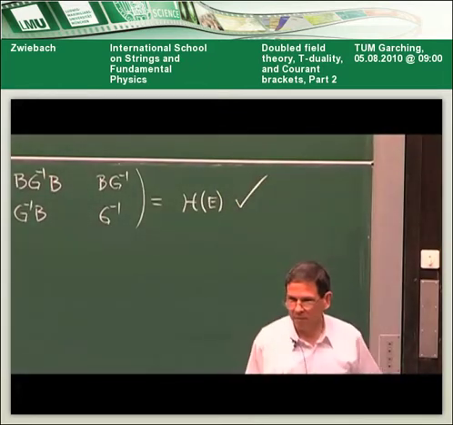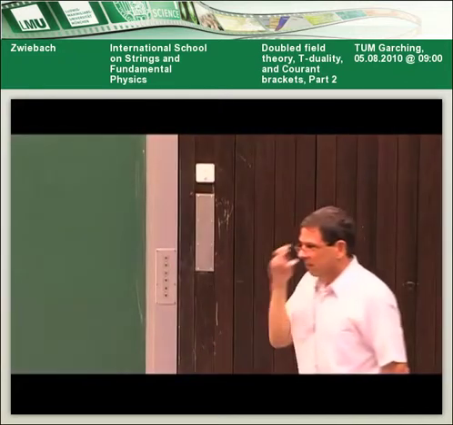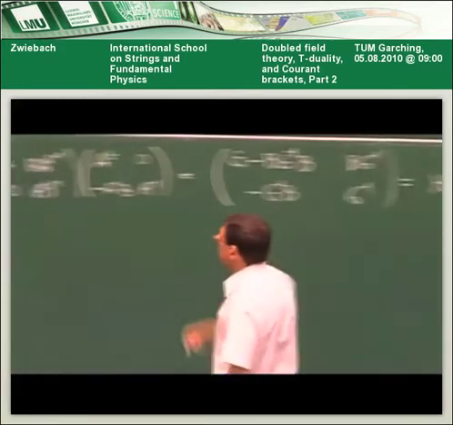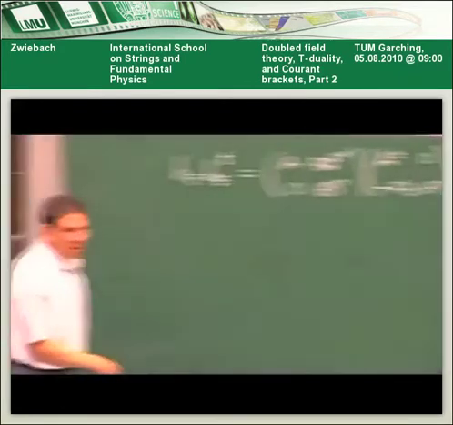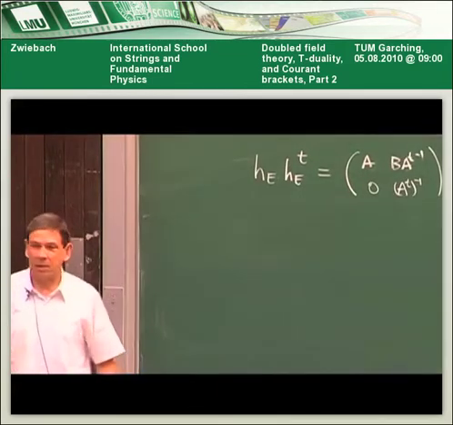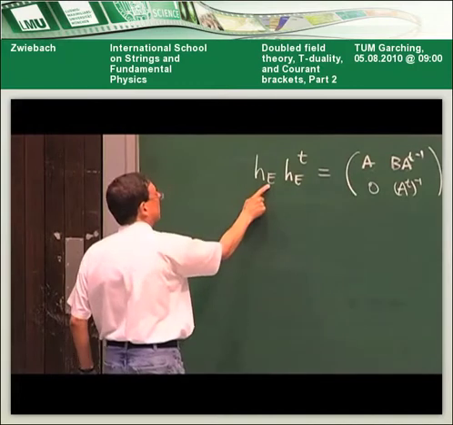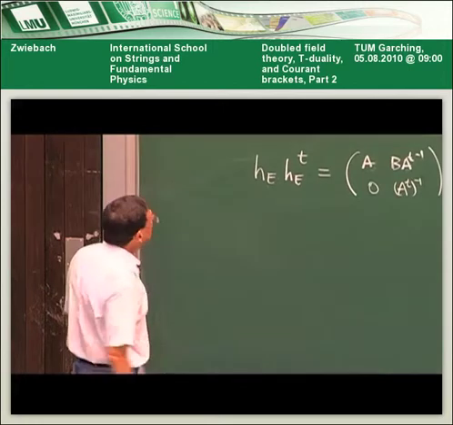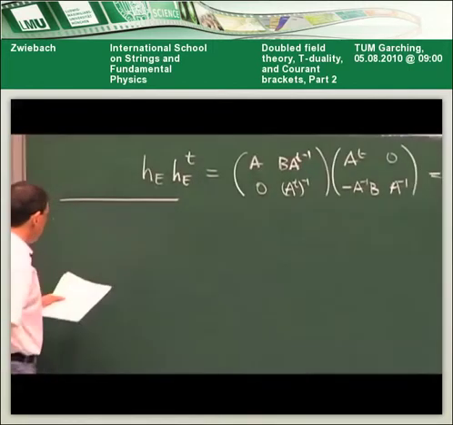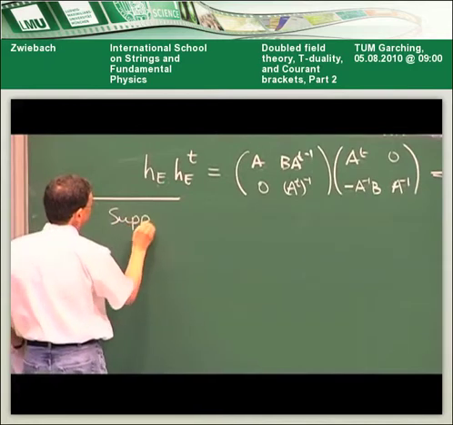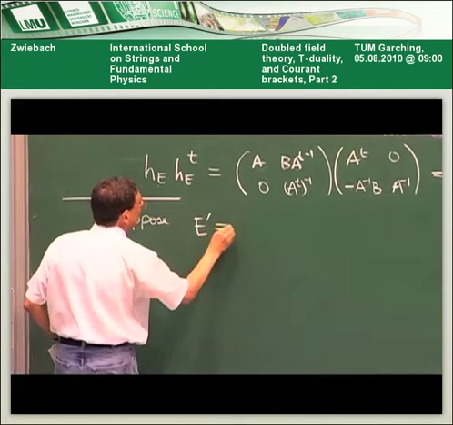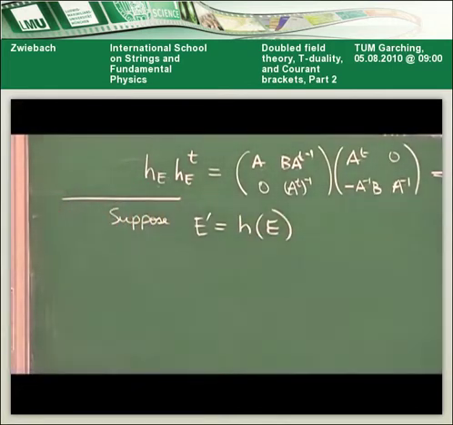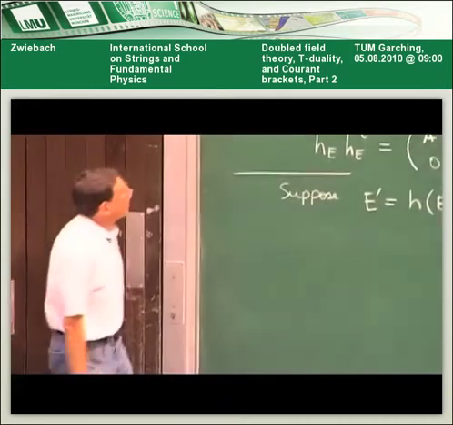So that's fabulous. So good, we know what H of E is. So now, if we want to know how H of E transforms, we just need to know how this little thing transforms under a background change. So that is actually straightforward. Suppose E prime is some transformation that gives you E. So look at this.